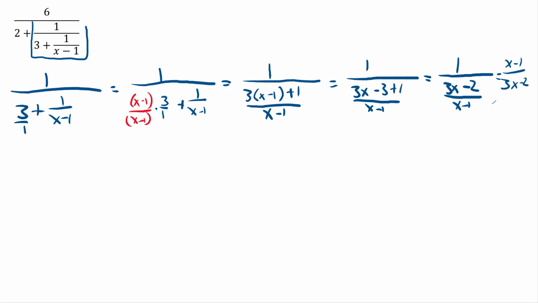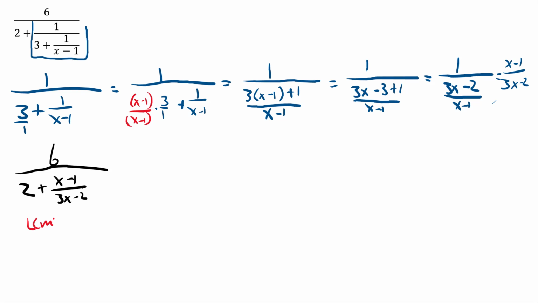So now let's rewrite that problem up there. You should have 6 over 2 plus x minus 1 divided by 3x minus 2. Now we just need to do our setup like we would do in the other problems, with the least common multiple.